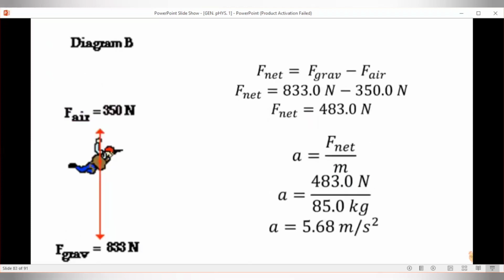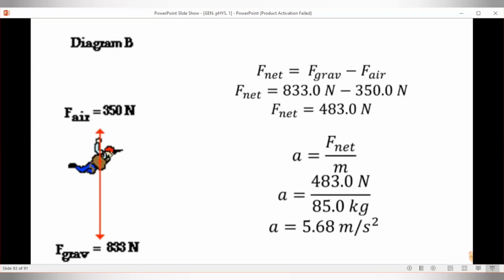For diagram B, you have now here an air resistance of 350 newtons. Again, the direction of the body is downward. We take that direction as a positive direction. Therefore, any opposing forces will serve as a negative direction, as an opposing force.